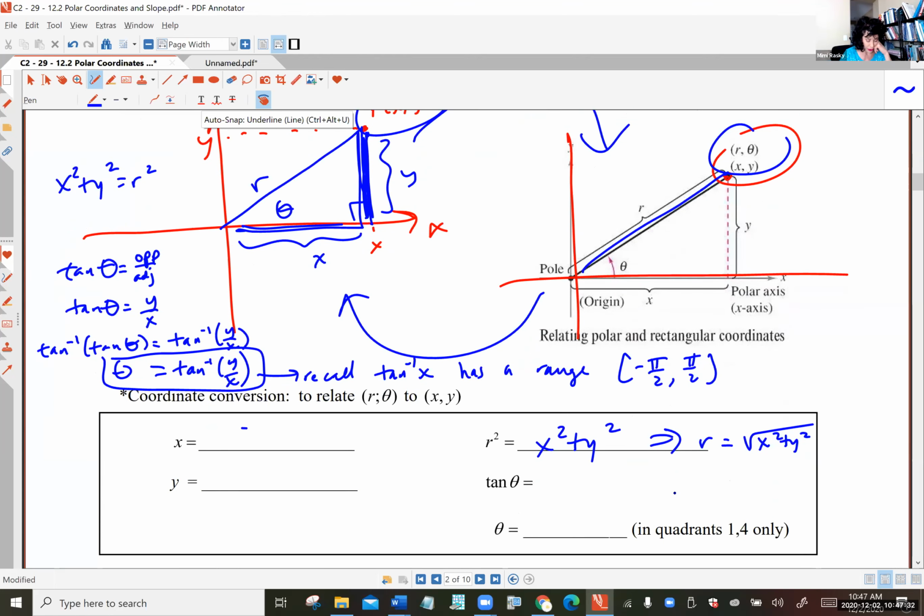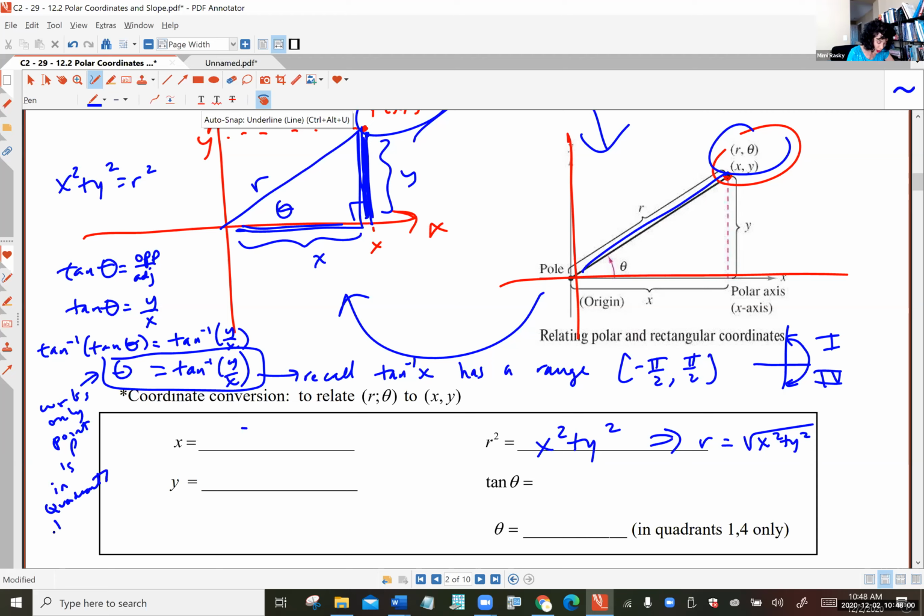So how the heck do you deal with that? Well, you have to be careful because the answer when you're finding your theta may have to get adjusted. So this works if you're in, negative pi halves to positive pi halves is either in quadrant 4 or quadrant 1. So this formula works only if the point P is in quadrants 1 or 4.